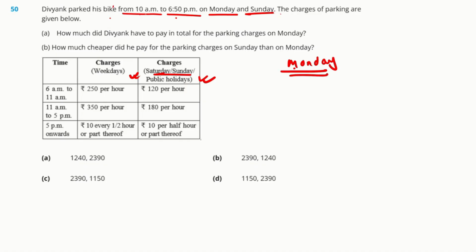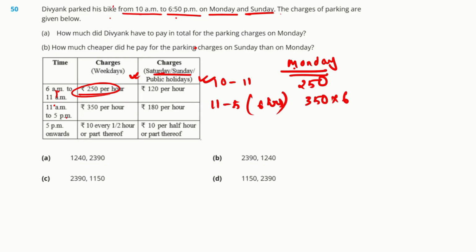So for Monday, he's starting from 10. So 10 to 11, just 1 hour, 250 for the first hour. Next, 11 to 5 is 6 hours. Each hour 350. So 350 times 6 is 2100.